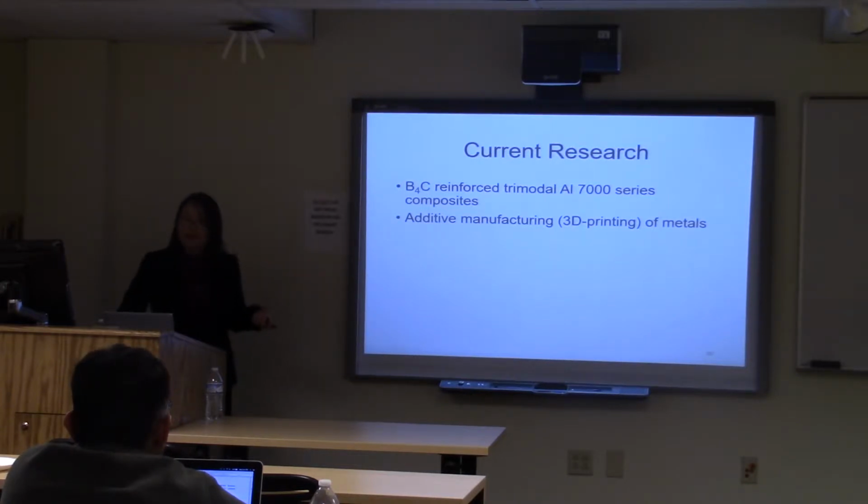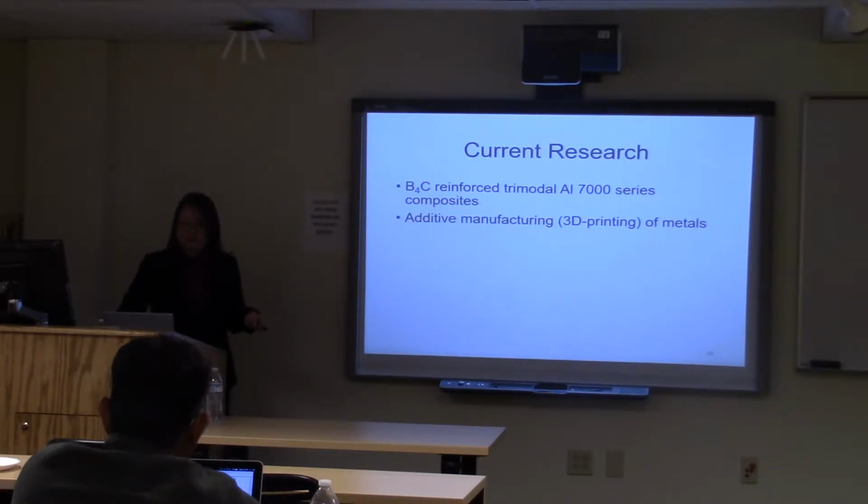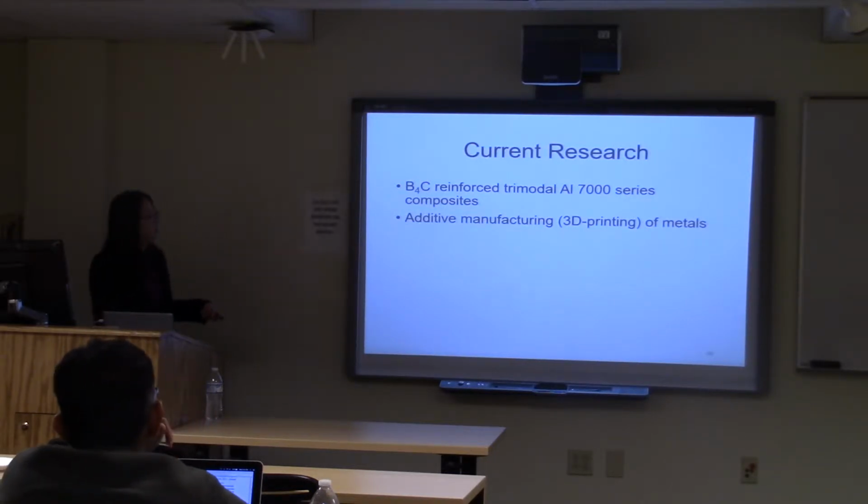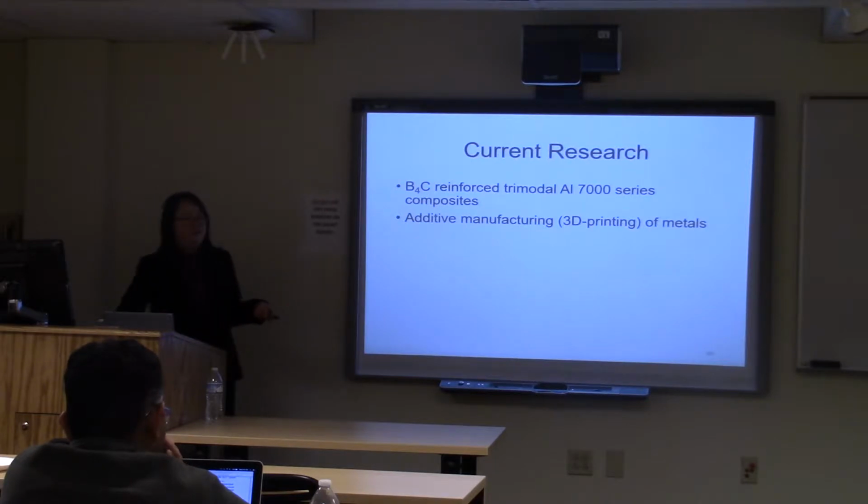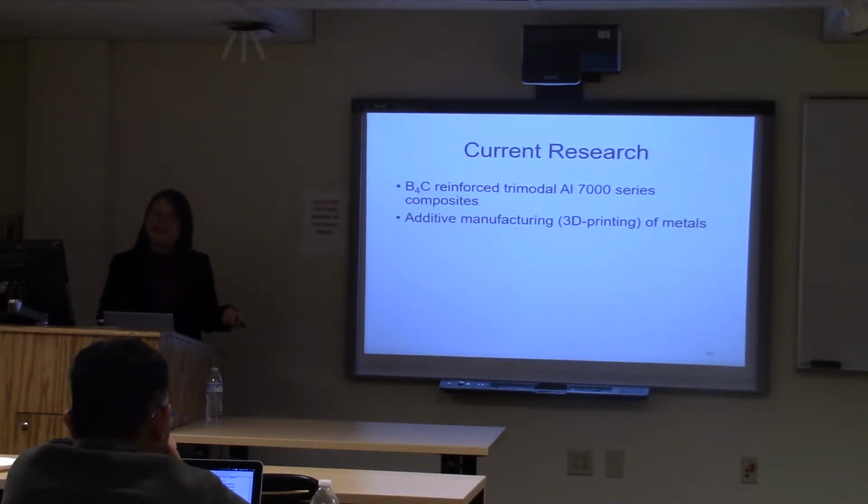In addition to the alloys, we now also introduce boron carbide particles to the aluminum 7000 series composites for stiffness, and because boron carbide is as light as aluminum, you don't increase the weight of the materials.